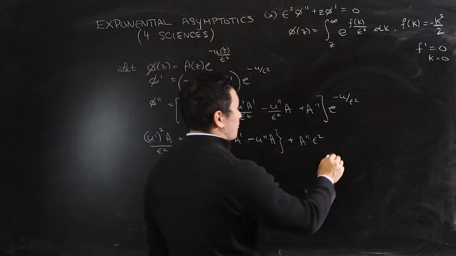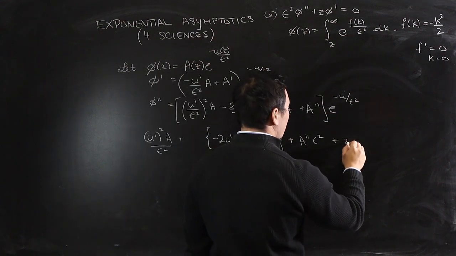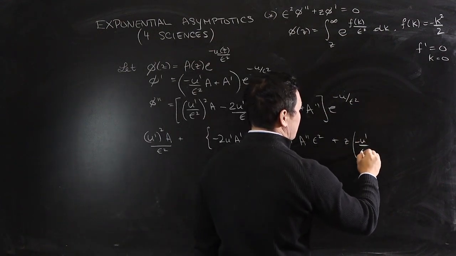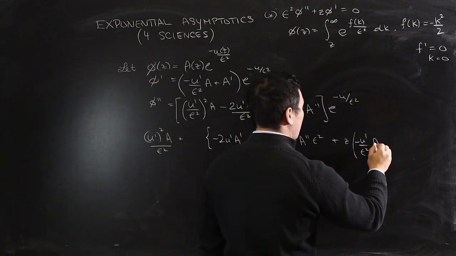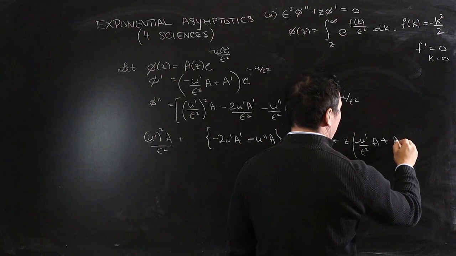And then I have a plus z times this one here. So that gives me a minus u prime over epsilon squared times a plus a prime.